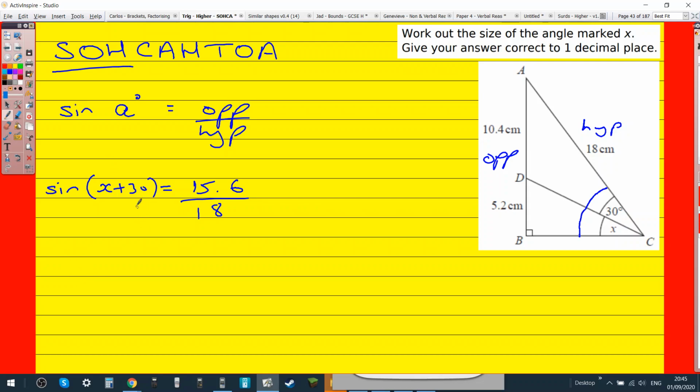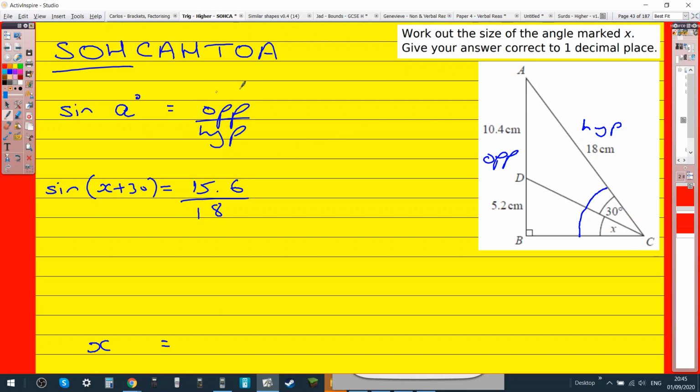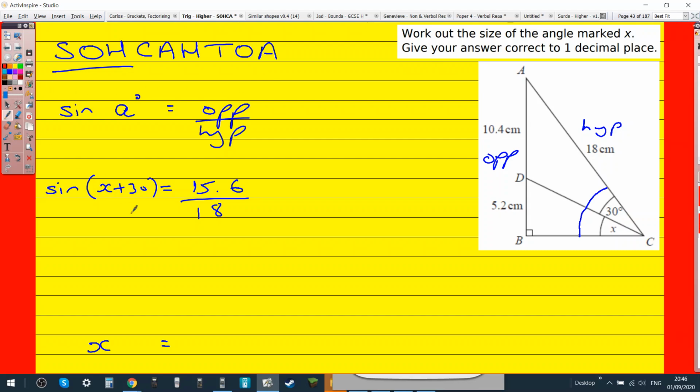Okay, how do we solve this one? You would have to do arcsine. Wait. Arcsine 15.6 over 18.